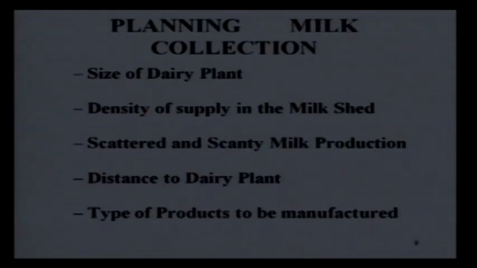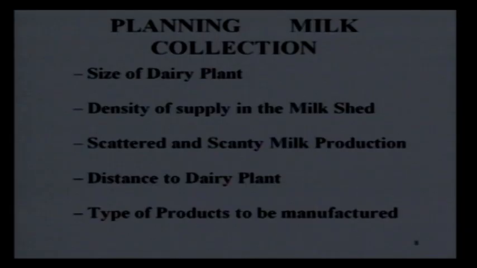And then the type of products to be manufactured, because for certain products you have to be very careful, like for baby food, or for children's food. Similarly, cheese will not be able to tolerate poor bacteriological quality of the milk. So these are the types of products to be manufactured.